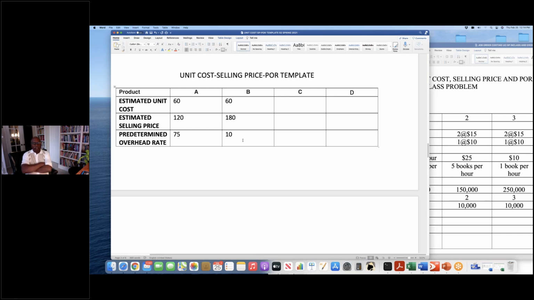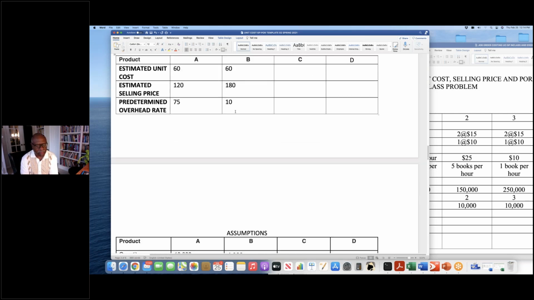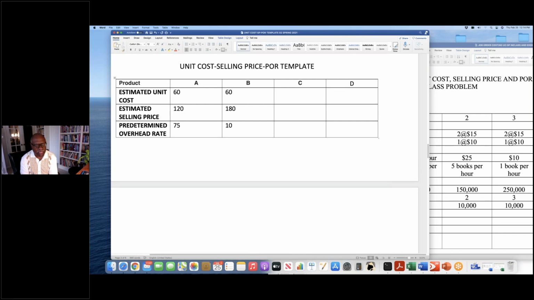So we've gone through each scenario. You've got to be alert to get these costs in there right. I'm not going to be giving you the numbers, so all the problems start with you making this calculation.